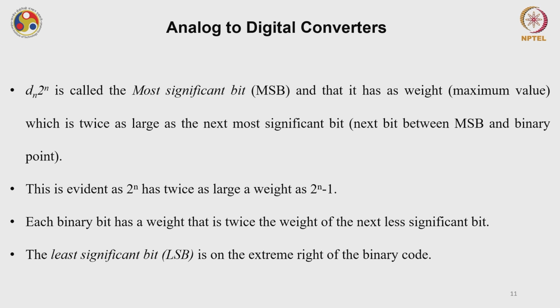This is evident as 2 to the power n has twice as large a weight as 2 to the power n minus 1. Each binary bit has a weight that is twice the weight of the next less significant bit, and the least significant bit, also called LSB, is on the extreme right of the binary.